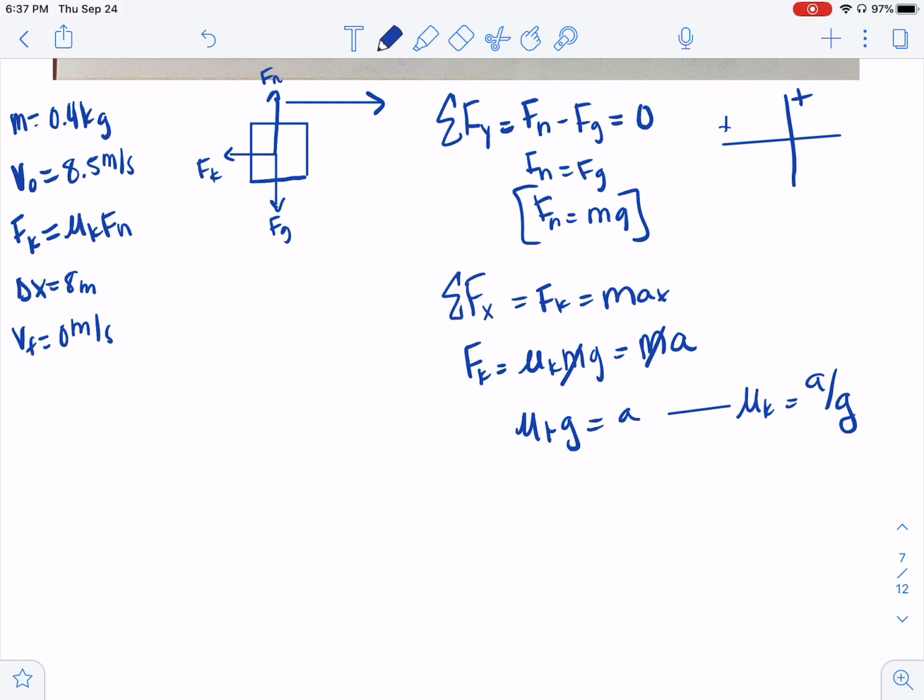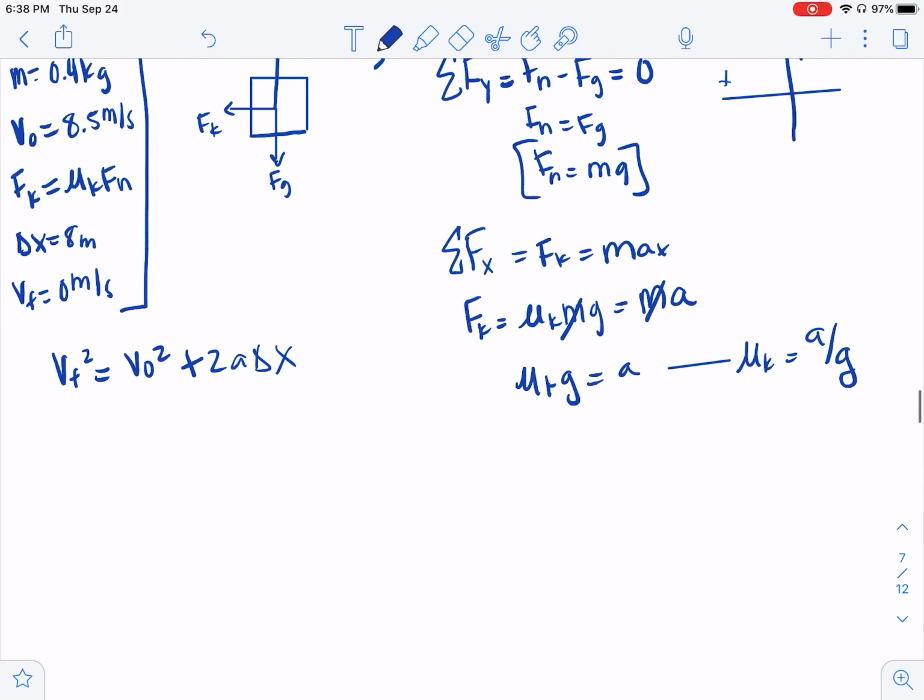So I'm going to use kinematics and the information that is given here. I have a v final, I have a v initial, I have a delta x, and I know that I have an equation that relates those. v final squared equals v initial squared plus 2a delta x. So this is 0, 8.5 squared plus 2.